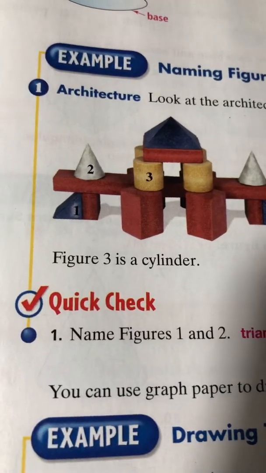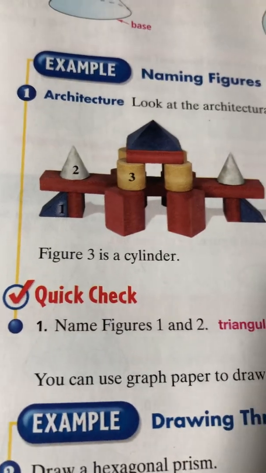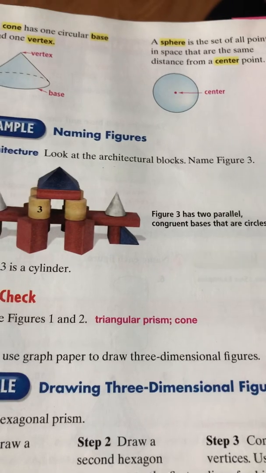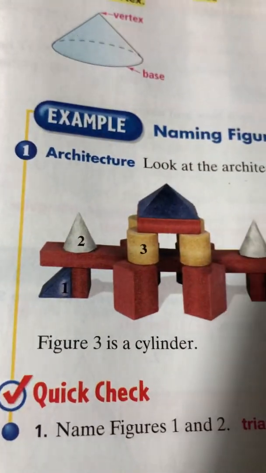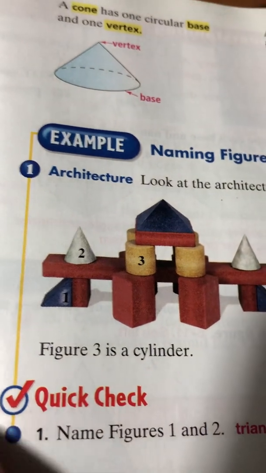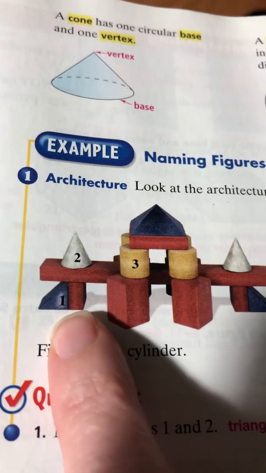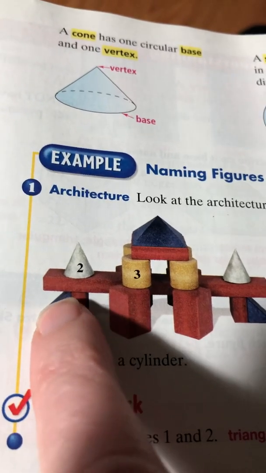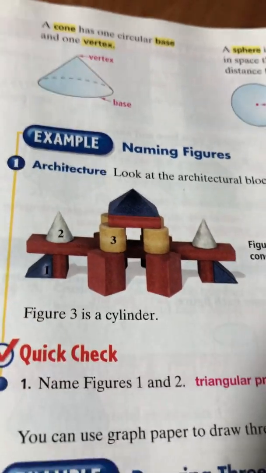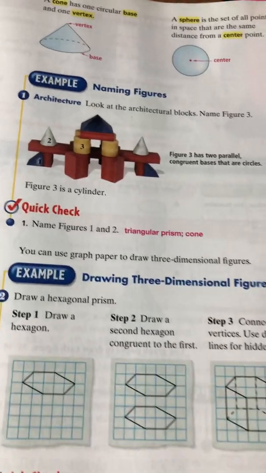As you look at number 1, number 1 is going to be the triangular prism. The point is right here and the base is right there. Sorry. This whole video thing is deceiving.